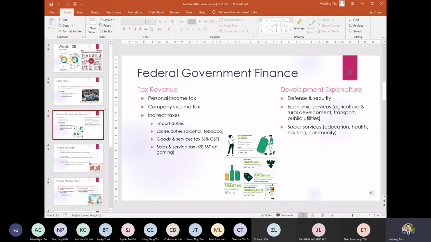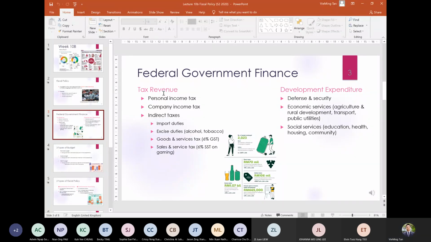The government can collect tax from individual households by using the personal income tax. That means the higher the income of the individual household, the more income tax needs to be paid to the government. The income tax paid by the individual household is called the personal income tax.